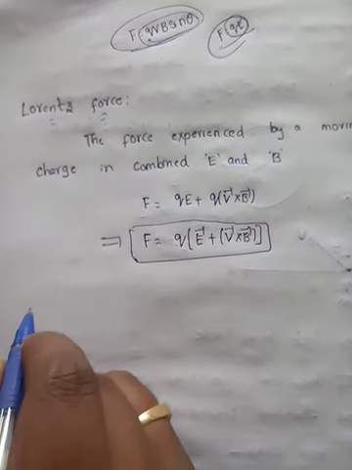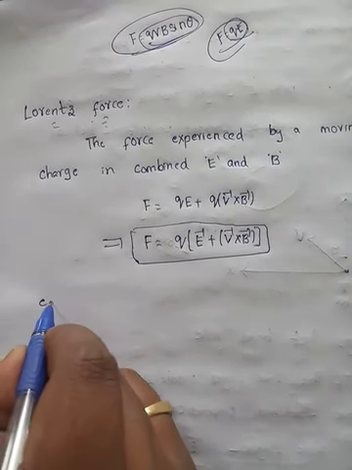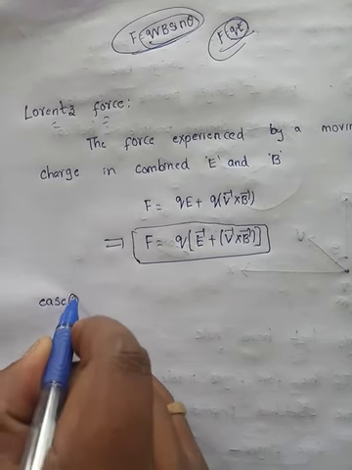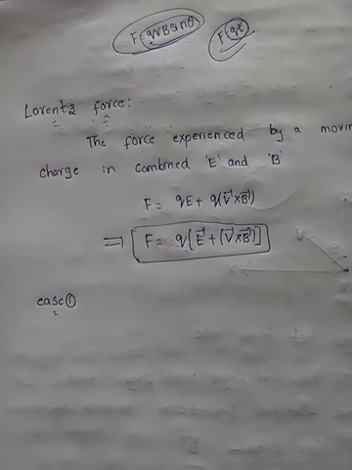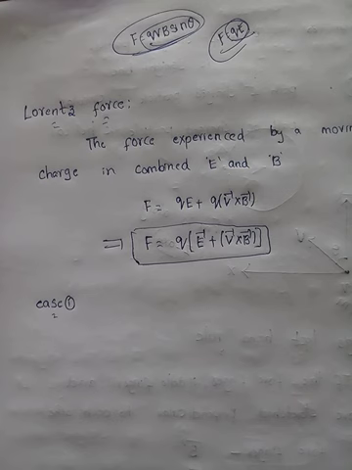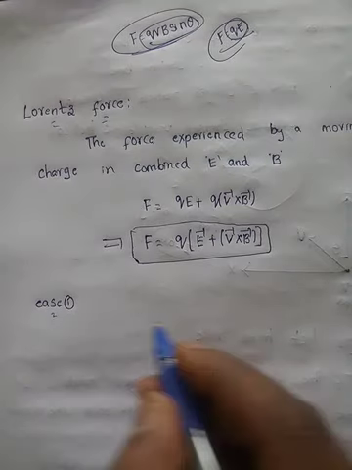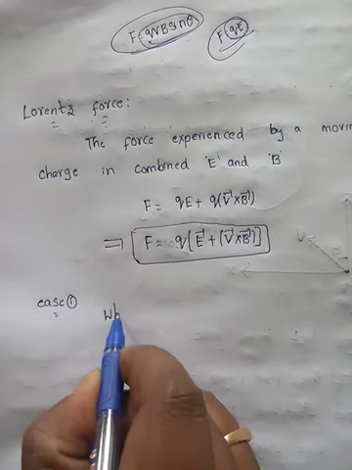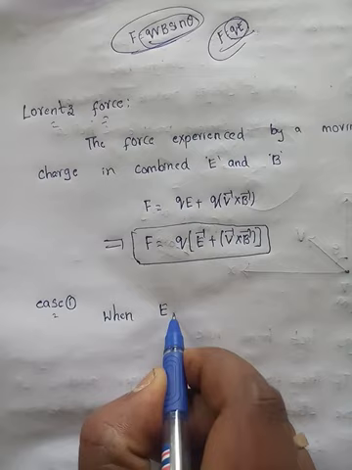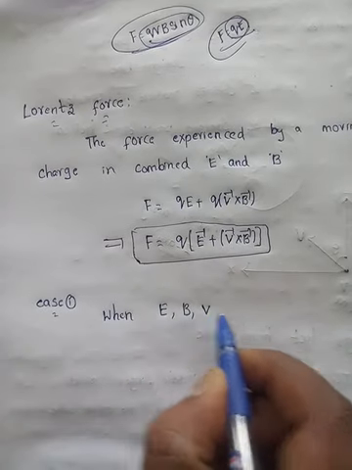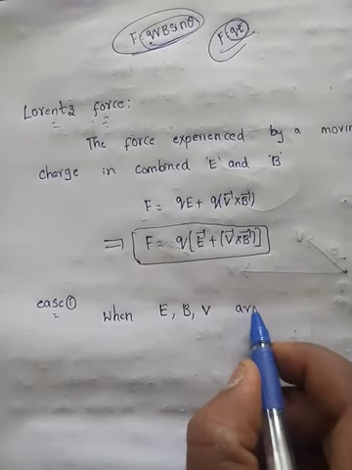Now, as usual, we consider only 2 cases here. The first case: the electric field, magnetic field and the charged particle are moving along the same direction, that is, electric field, magnetic field and velocity of the charged particle are parallel.